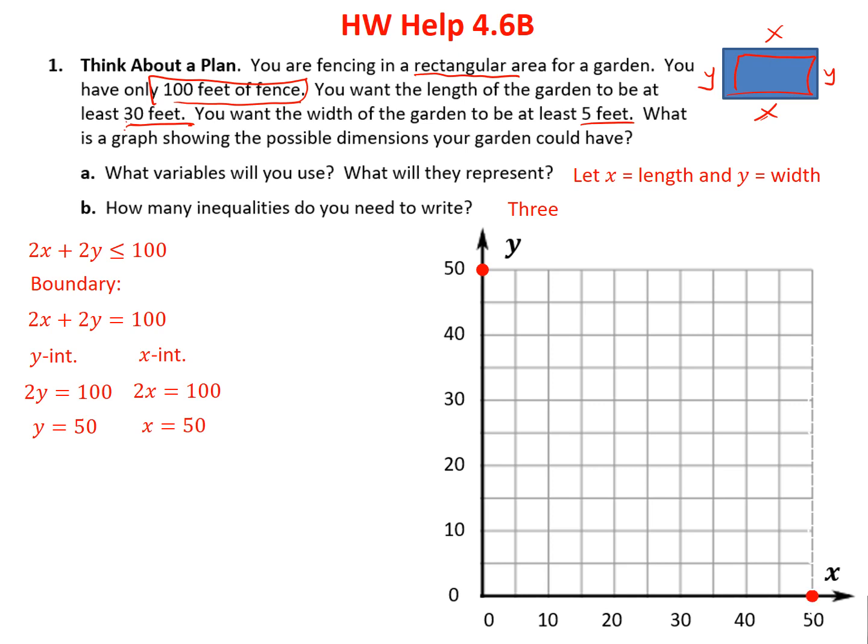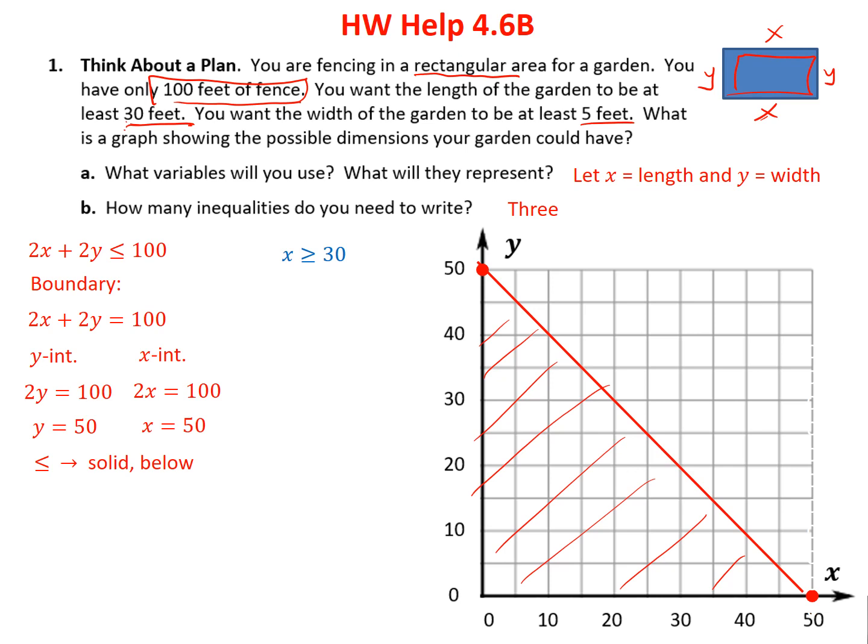And so to draw my graph, all I have to do is connect the line. And so there's my line. This is less than, so it's going to be below. So all my things, because I only have 100 feet of fence, have to fit into that area.